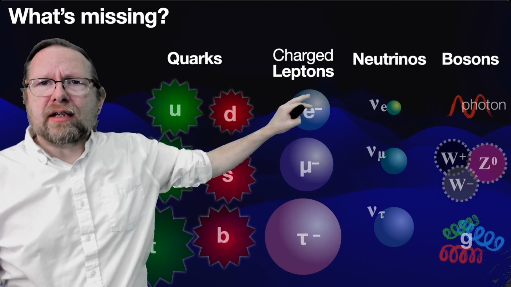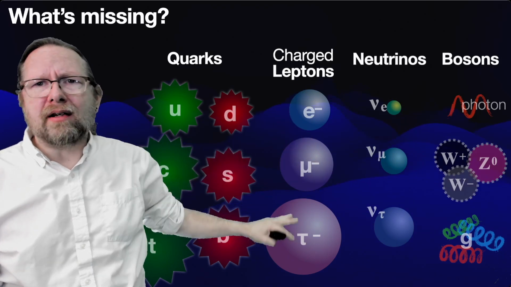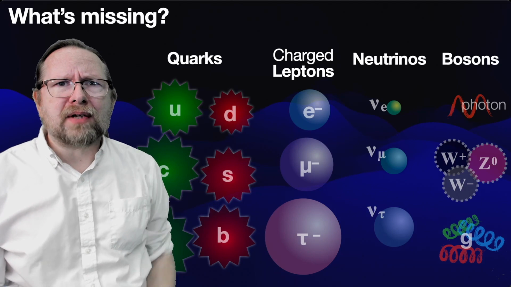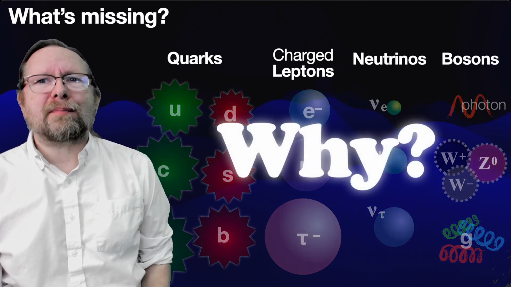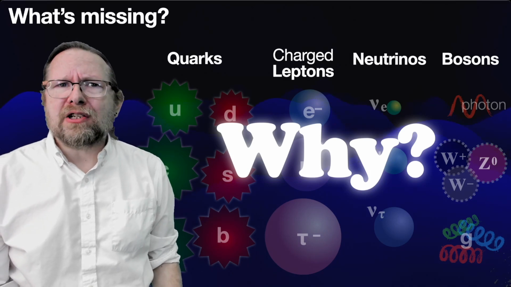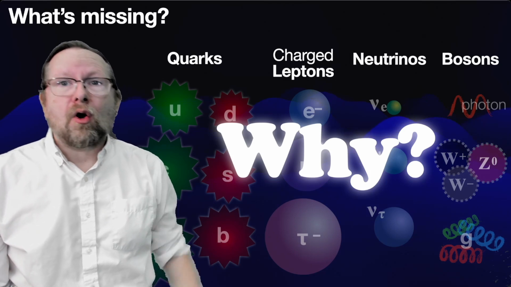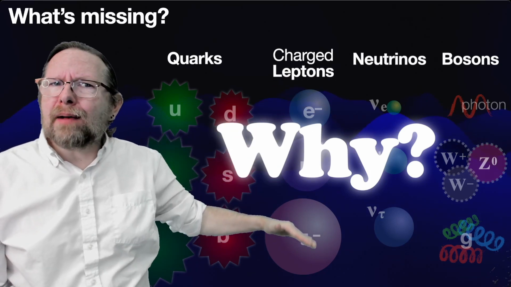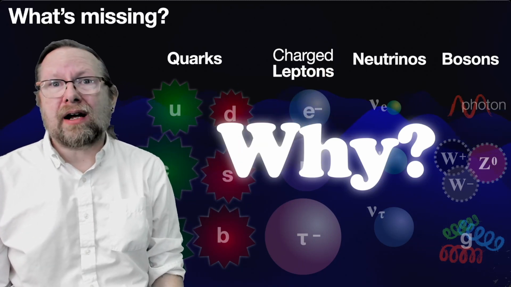The electron is like 115 times lighter than the muon, and the tau is like 1,200 times heavier than the electron. One of the big lingering questions about the Standard Model is the whys. Why do the particles have these particular masses? Why do they have these particular charges? Why are there three families of all of these things instead of 4 or 5 or 1?